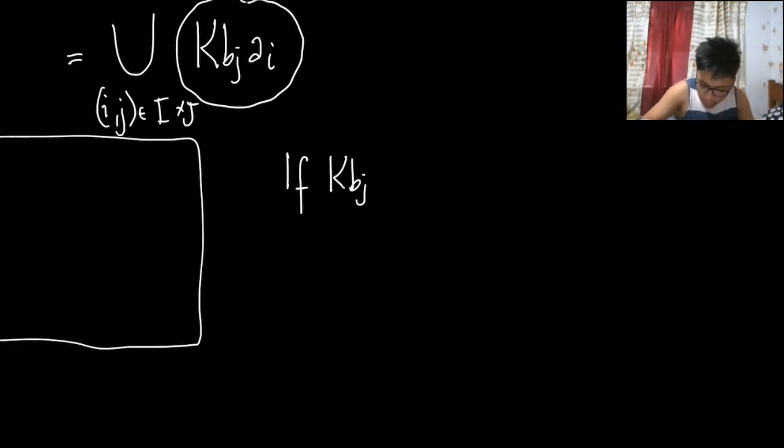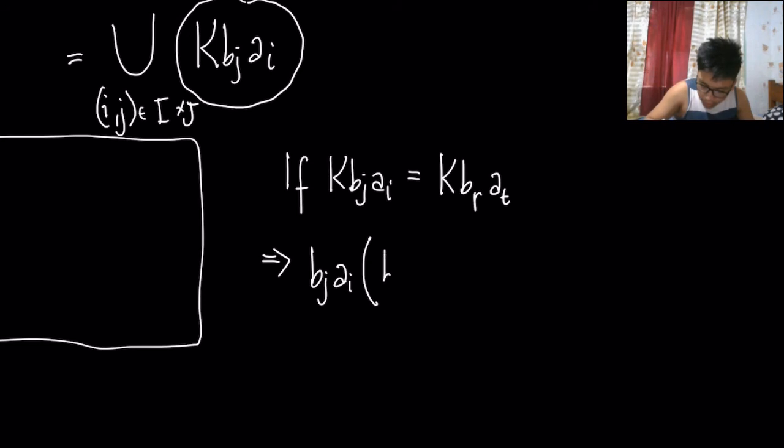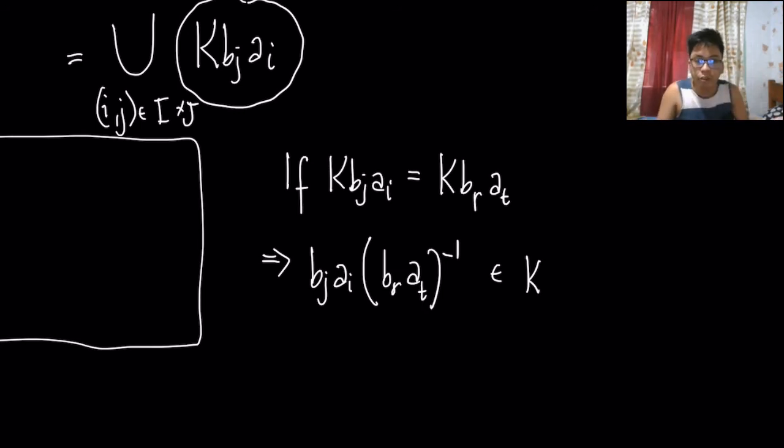If K b_j a_i equals K b_r a_t, then that implies b_j a_i times (b_r a_t) inverse is an element of K. This is by the definition from our presentation on the last video.